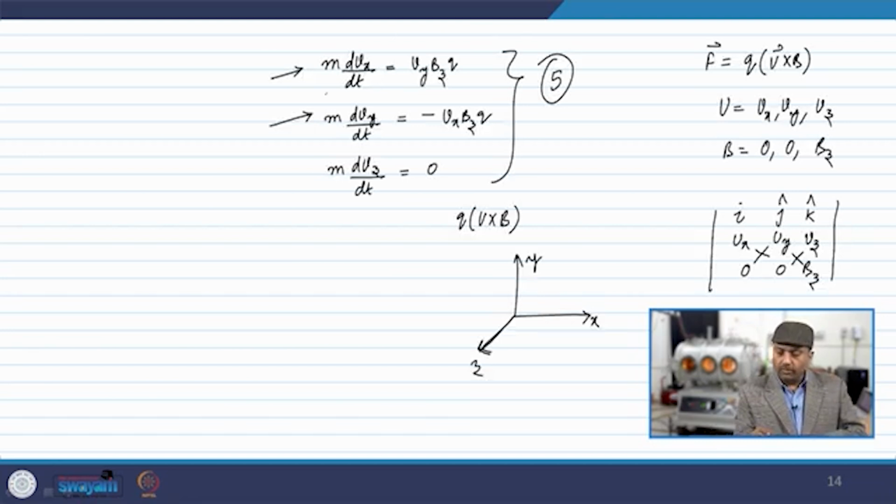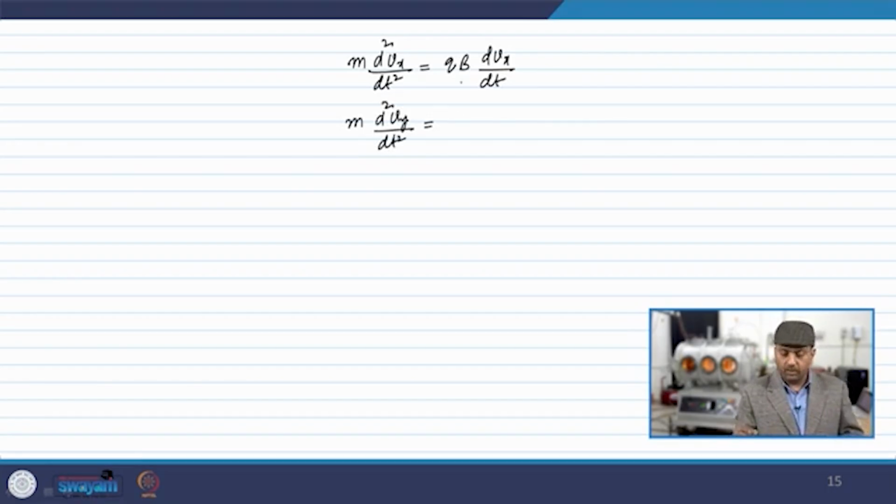Now, let us try to understand this mathematically. I will take a derivative with respect to time on equation 5. So, m d square vx by dt square is qB dvy by dt, and m d square vy by dt square, having taken a time derivative on the last equation, is minus qB dvx by dt.